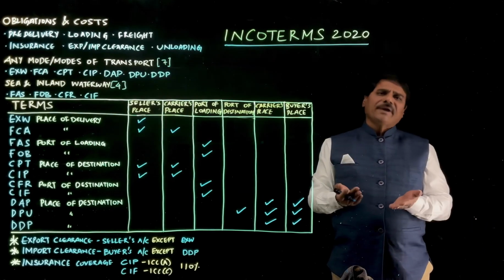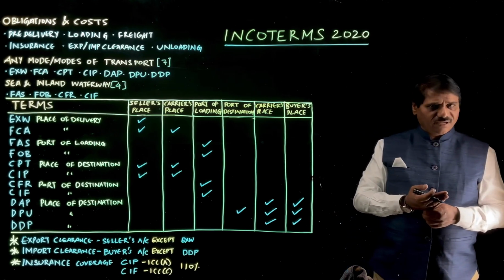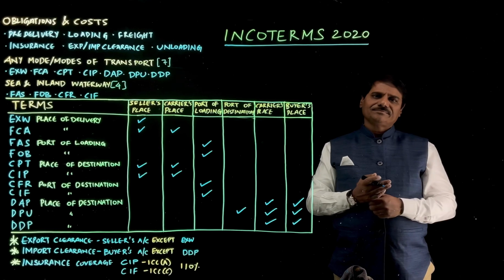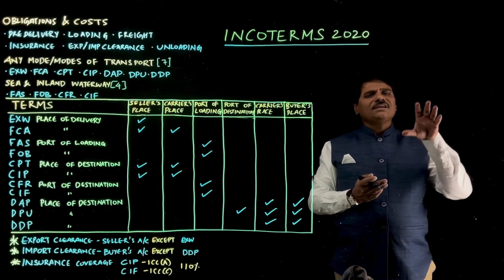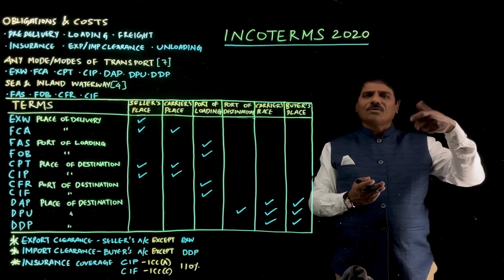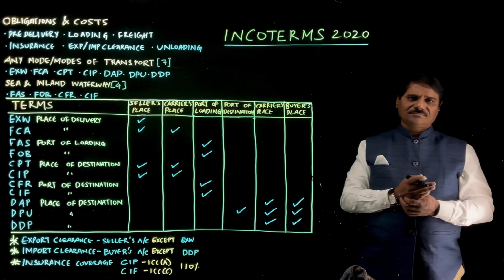Suppose if seller is paying, then you go for CPT if it is a containerized cargo. Don't use CFR, because CFR is meant for commodities loading on board the ship, like bulk shipments.